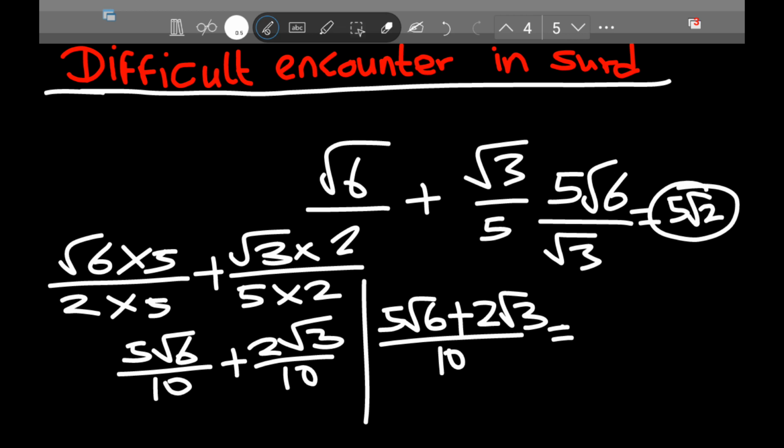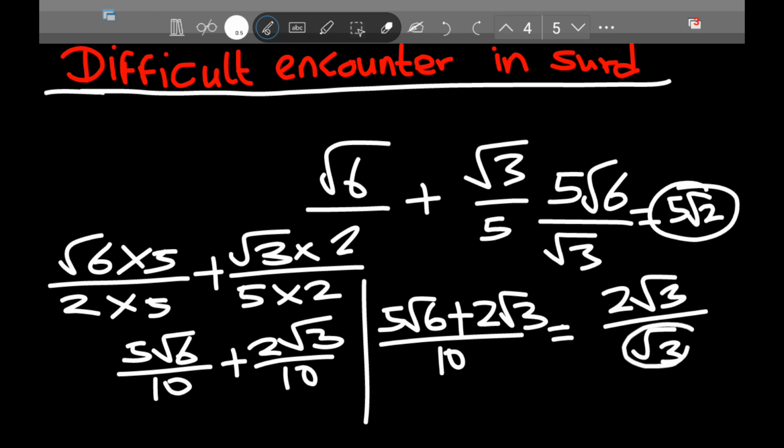So that is why we have 5 root 2. So we know that root 3 can divide 5 root 6. Let's see if the root 3 will divide 2 root 3. Now set 2 root 3 and root 3 as a fraction. See if root 3 will be able to divide 2 root 3.